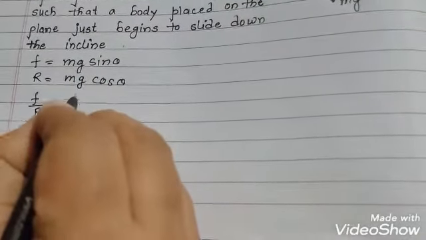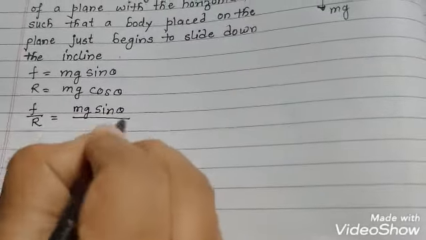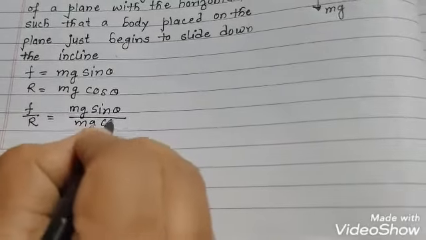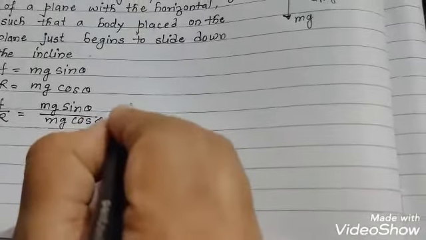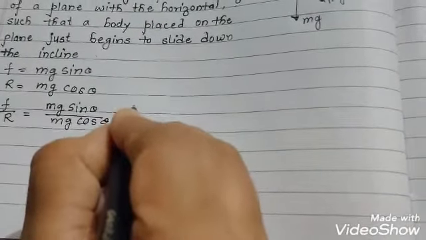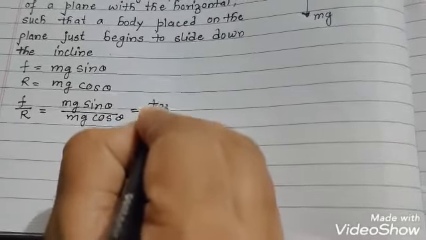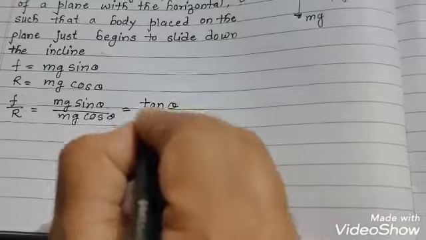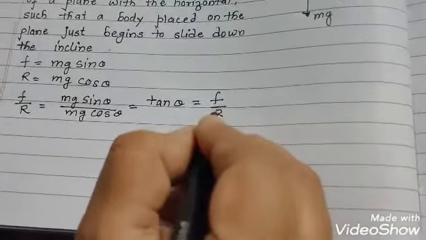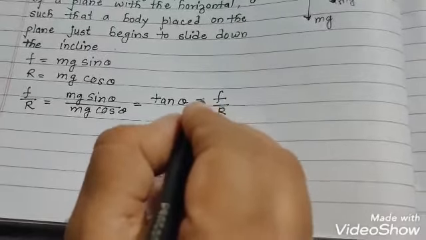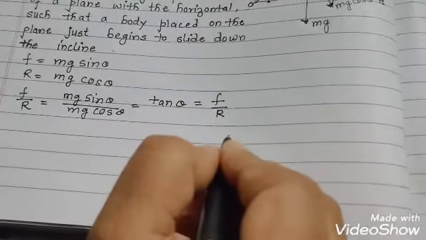So it will become mg sin theta upon mg cos theta. Simply mg will be cancelled out, and sin theta upon cos theta will be equal to tan theta. That means tan theta is equal to F upon R, but we know very well that F upon R is equal to mu, the coefficient of friction.